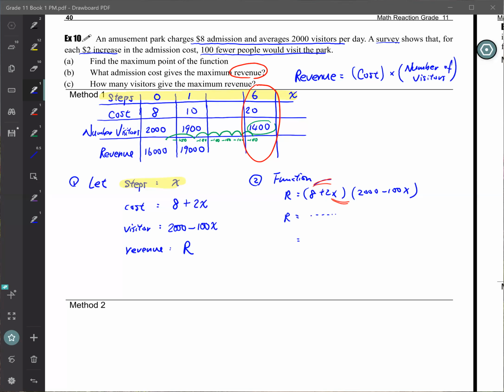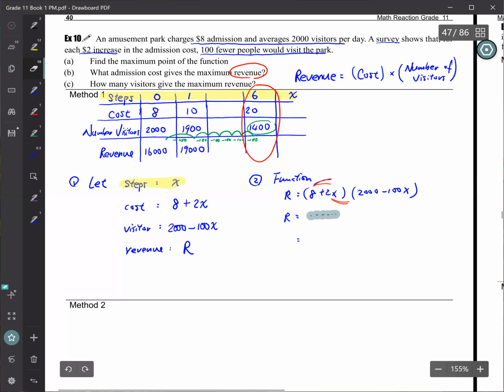Okay, does anyone have question about expanding or you have questions to ask? By now you should have at least the general form, okay?